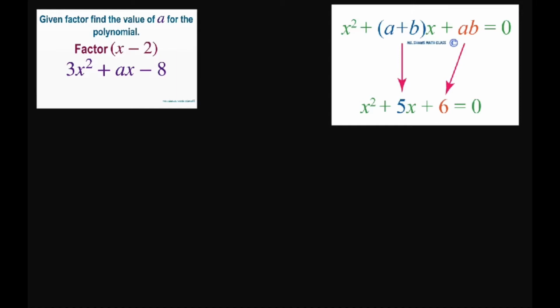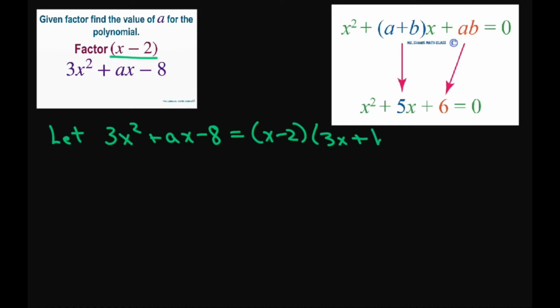So I'm going to set this up by letting 3x squared plus ax minus 8 equal my factor, which is x minus 2, times 3x plus b.